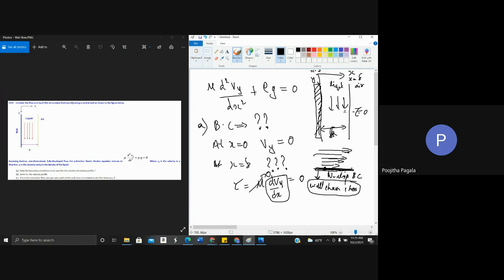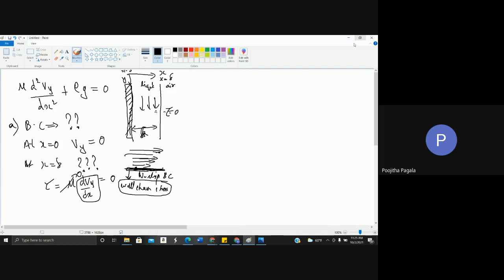So that's it. We have set up the boundary conditions. What are our two boundary conditions? Boundary condition 1 states at x equal to 0, Vy equal to 0. Boundary condition 2 states that at x equal to delta, dVy by dx is equal to 0.